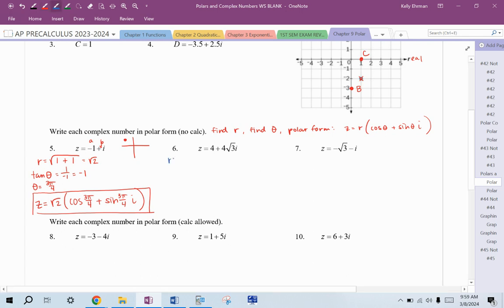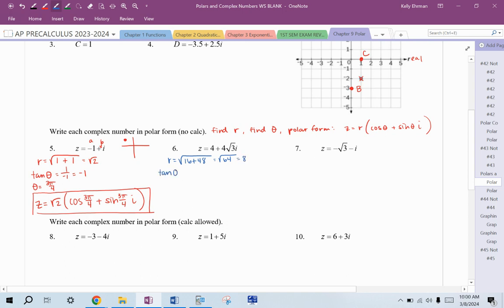All right, for the next one, R is equal to the square root of 4 squared, which is 16, plus 4 radical 3 squared, which is 4 squared, 16, times radical 3 squared, which is 3. 16 times 3 is 48. So that's radical 64. So R is 8.